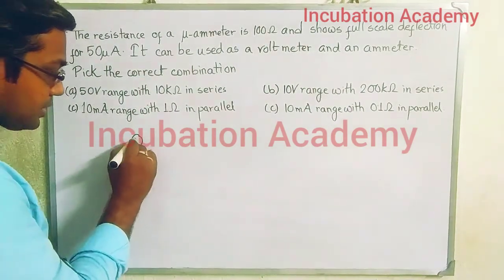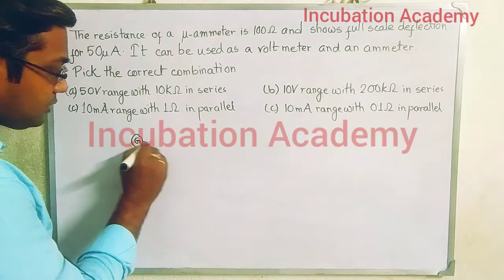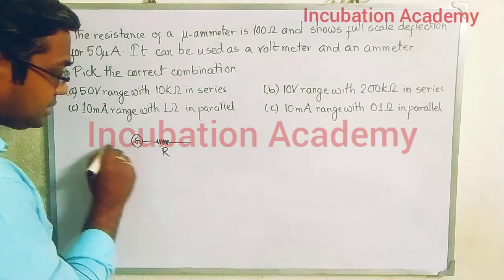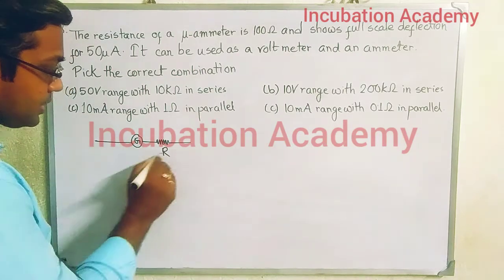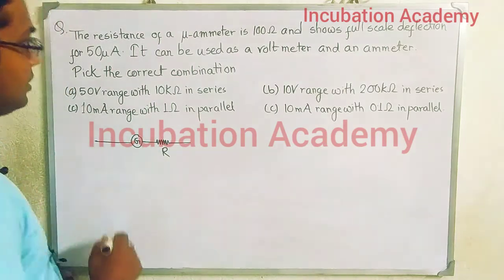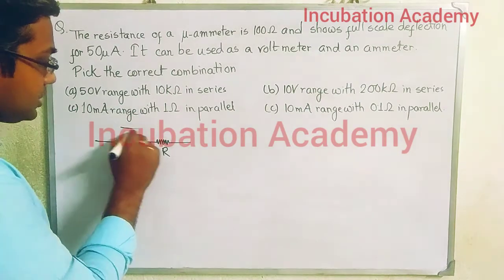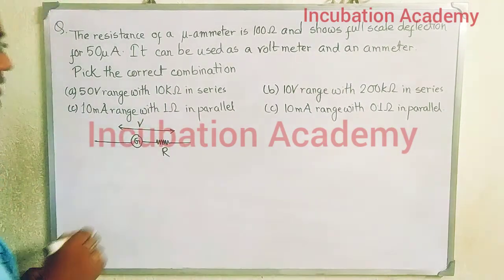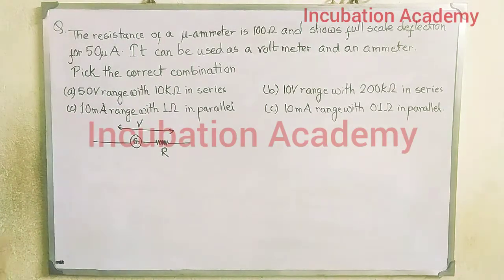Just see, if I try to convert this into a voltmeter, then we have to use a resistance in series with it. Let us say it is capital R. Then the total voltage drop across this combination will be the desired range value, so if it is 50 volt then it is 50 volt.